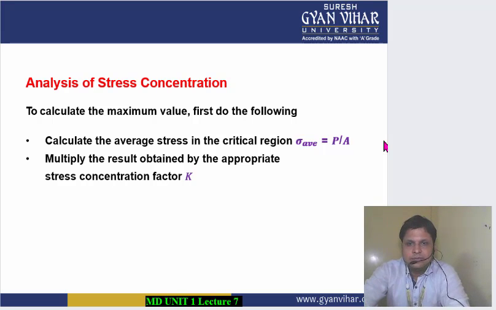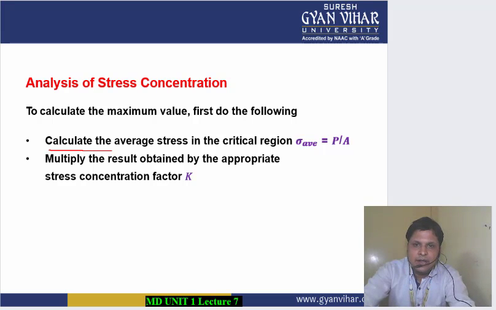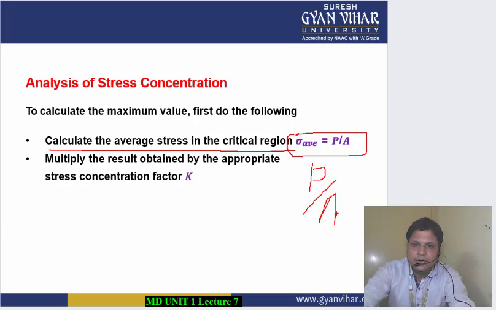Now, analysis of stress concentration. In order to calculate the maximum value of stress, we will have to do the following. First, we calculate the average stress value in the critical region, using the formula load by area, as in the elementary equation. Then we multiply the result by the stress concentration factor.